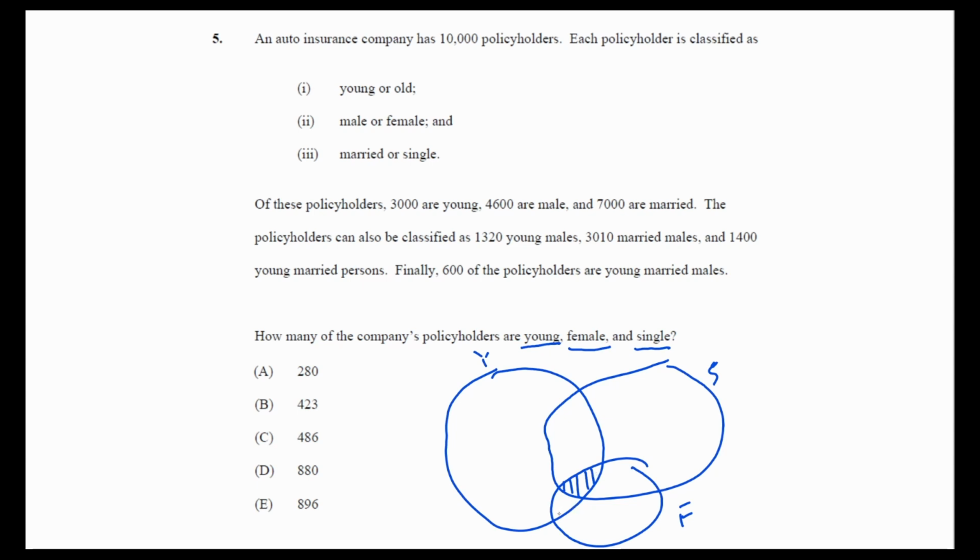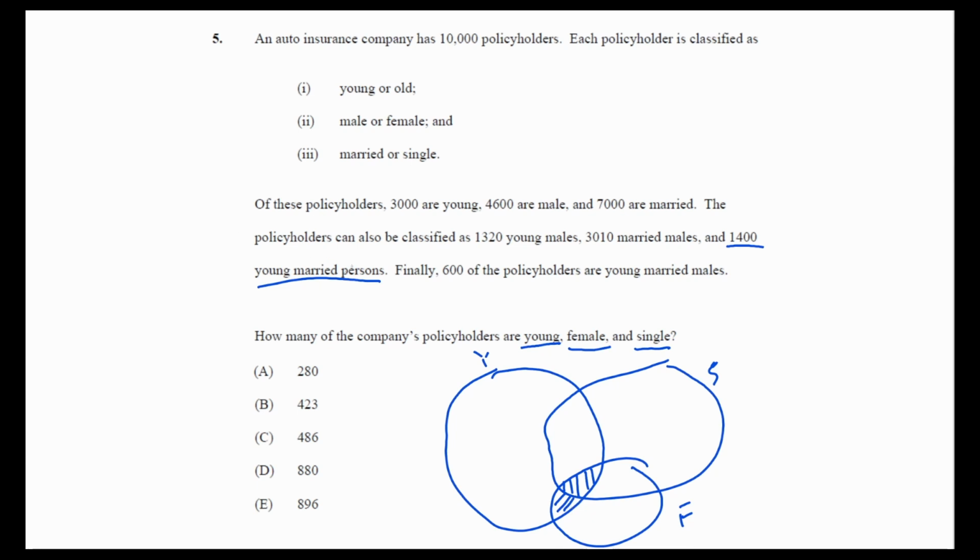So let's first figure out our circle. It's actually a pretty quick question too. We know that there are 1,400 young married persons. So that means this portion that I am shading diagonally from the triple intersection, this double intersection between young and female, is what we're going to calculate really quickly.